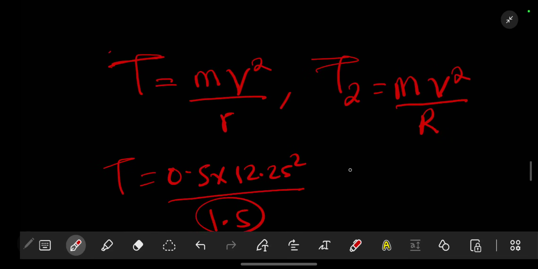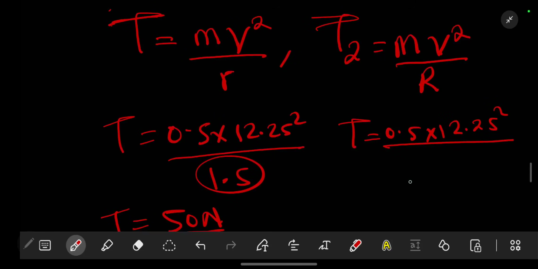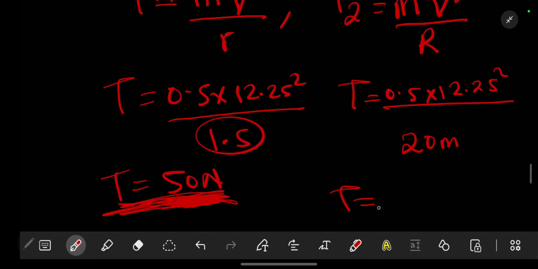But what if we increase r? So we maintain everything, 0.5 times the speed 12.25 squared over, what is our radius? Let's say our radius is increased to 20 meters. So the tension will be equal to 0.5 by 12.25 squared, then we divide by our 20.